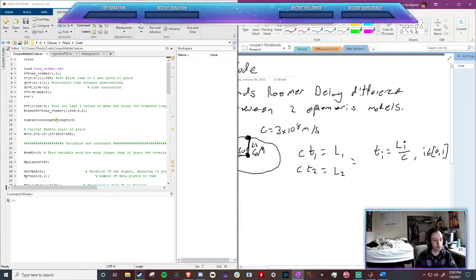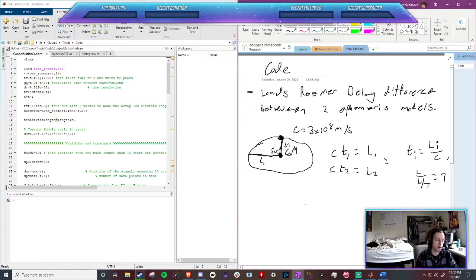So T1 equals length 1 divided by speed of light, which makes sense, right? Because a length divided by a speed gives us a time.